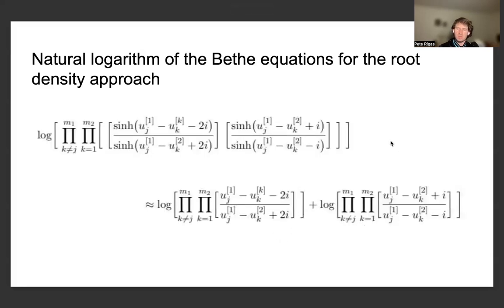And then for the right-hand side of the beta equations, we can perform a similar computation to be able to obtain a logarithm of these 2 products, as we've been mentioning, from k equal to 1 to m2, and k not equal to j to m1, which can be approximately expressed as the logarithm of the first term plus the logarithm of the product of the second term.